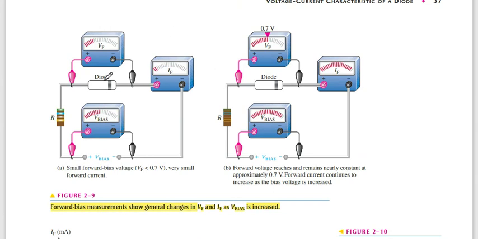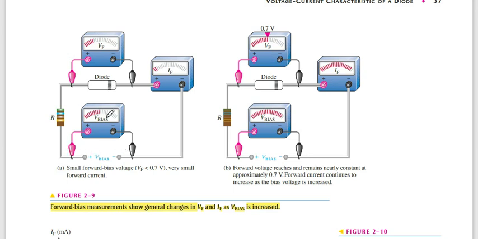This circuit diagram also tells us the same thing. Vf is the voltage of the diode, you see it, and we connect this voltmeter in parallel to the diode.